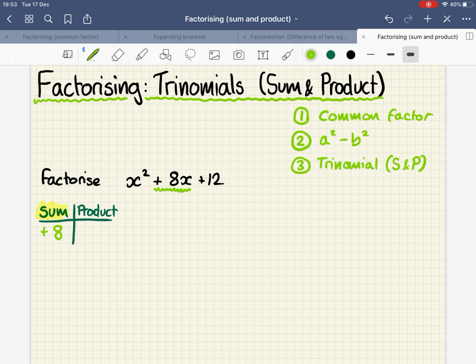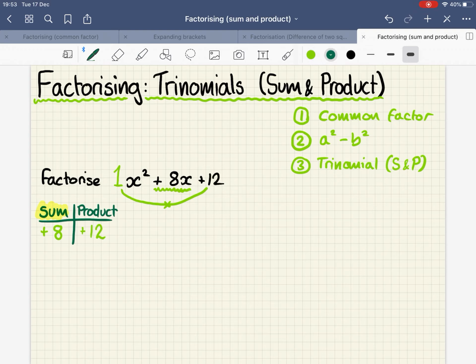And then my product, I think product is another word for multiplying. So I multiply the number at the front with the number at the back. Now there's no number at the front, so what it essentially will be is 1 times 12. So that will just be 12.